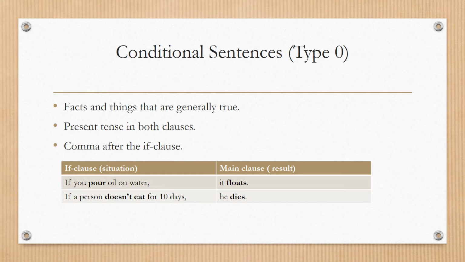We use simple present tense for the main verb in both clauses. Doesn't eat and dies. Again, remember for the third person singular subject, the verbs we use have to agree with it. So here we use doesn't eat and dies to agree with the subject, he, and a person.